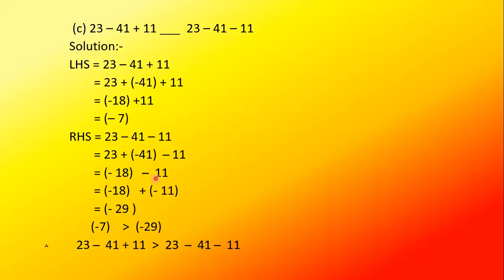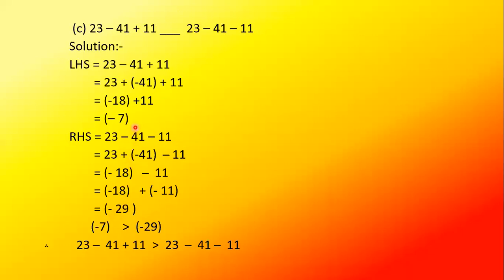Instead of subtracting, there also we will add the additive inverse. The additive inverse of 11 is -11. So -18 plus -11. Now see, both the numbers are negative, right? So we can add them and we'll give the negative sign. 18 plus 11 is 29. And we'll place the negative sign: minus 29.